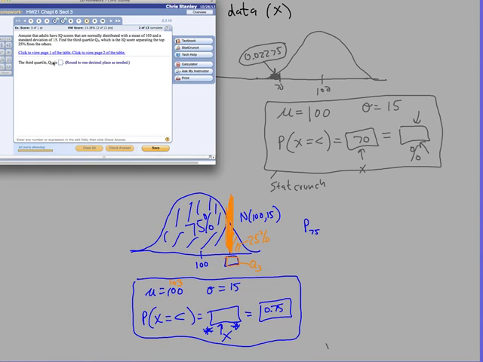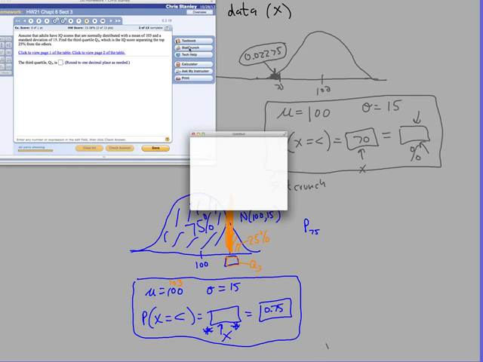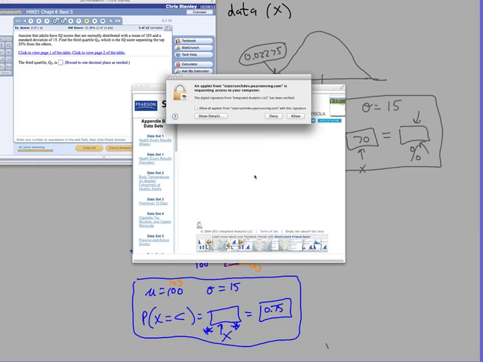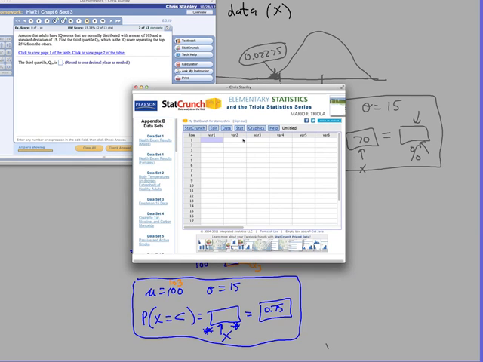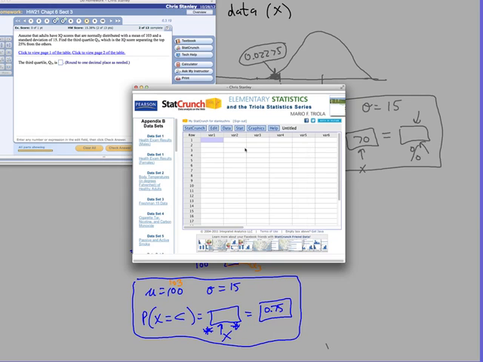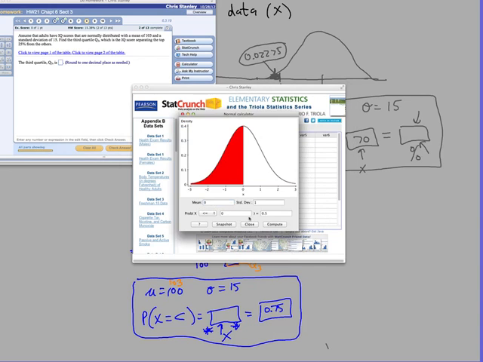Okay, so let's see if I can pull this up, see if it wants to work this time. Stat calculator. Okay, see, the third quartile means that 75% falls to the left, which is the IQ score separating the top 25% from the others. So you could do this two different ways.